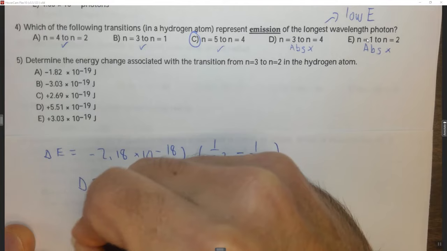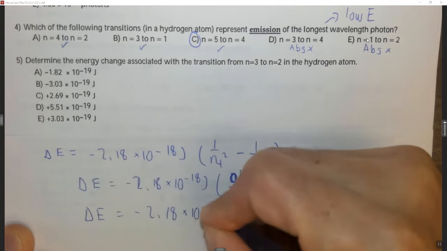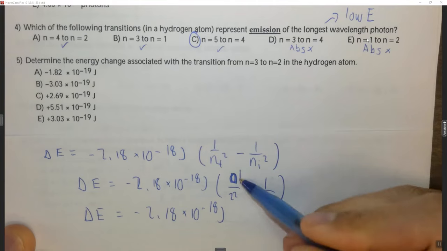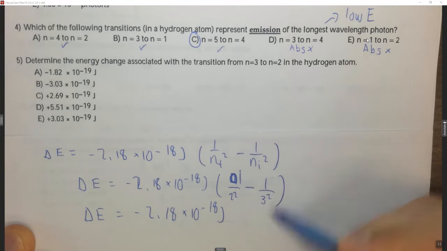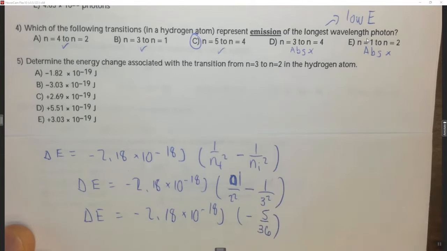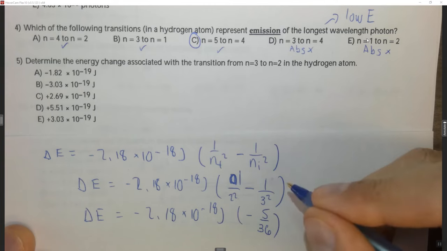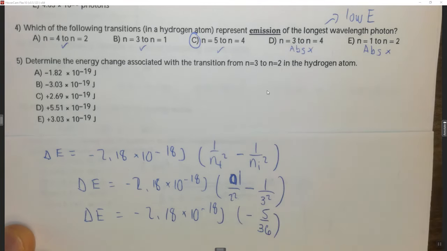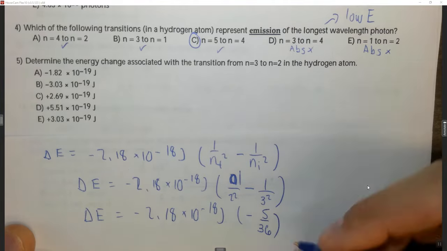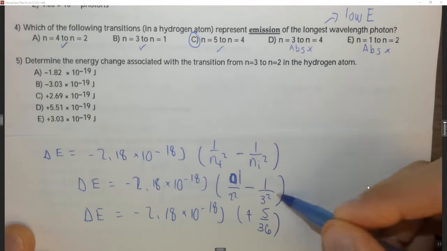So delta E equals minus 2.18 times 10 to the minus 18 joules times 1 over 4 minus 1 over 9, 1/4 minus 1/9, which is 5/36. Sorry about that. This is positive 5/36 because 1/4 is bigger than 1/9.